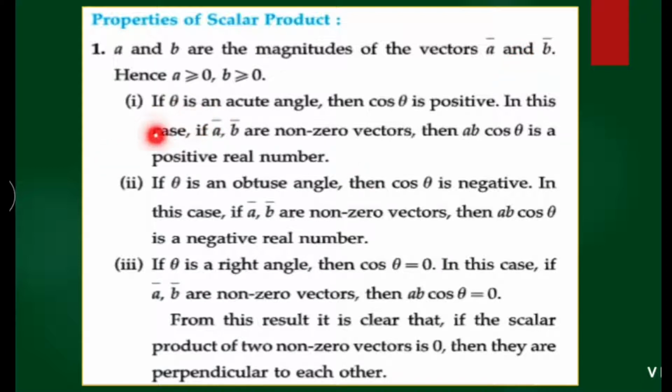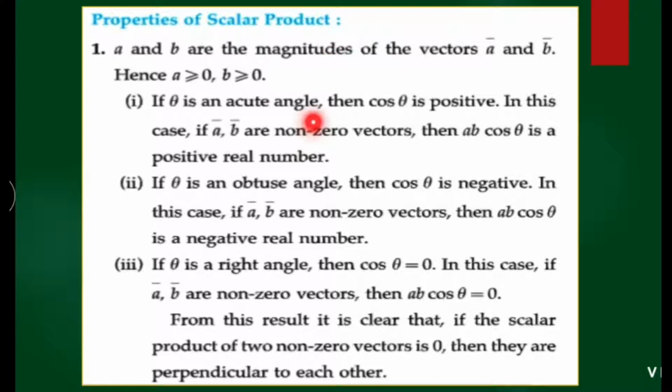See the first sub property. If theta is an acute angle, then cos theta is positive. In this case, if vector A and vector B are non-zero vectors, then magnitude of A into magnitude of B into cos theta is a positive real number.